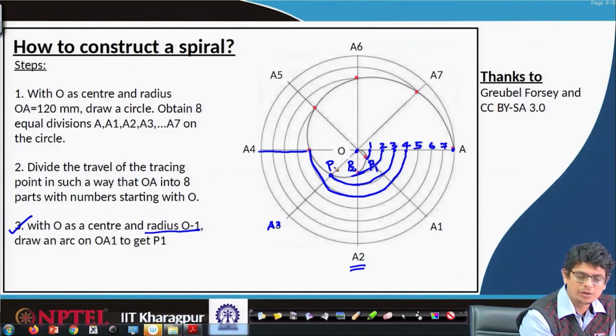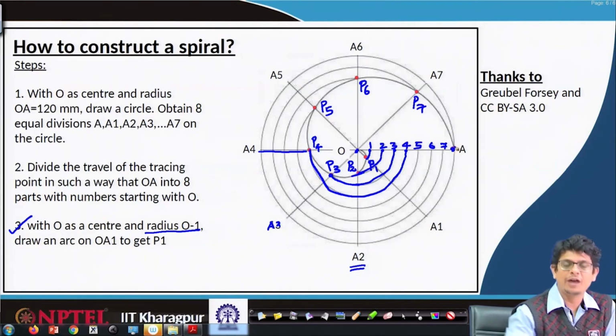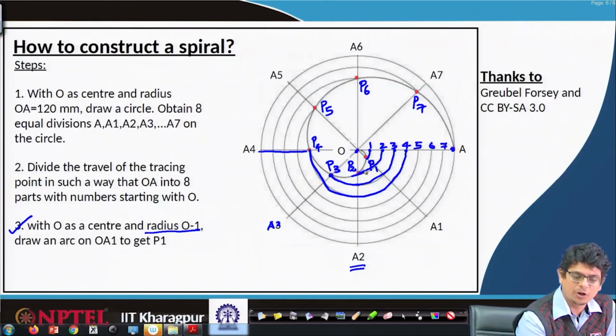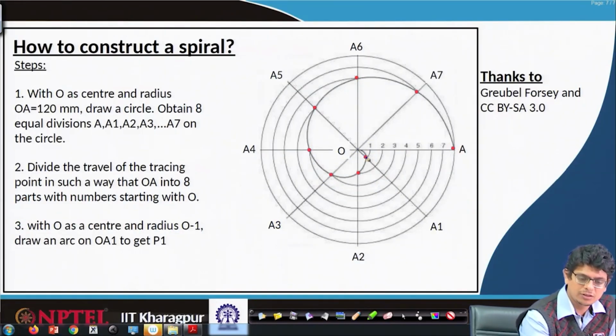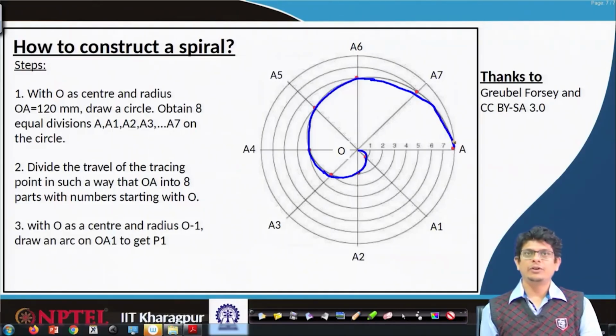In that way, make points P1, P2, P3, P4, P5, P6, P7 and P8. Once these points are noted down, draw a smooth curve which passes through these points. That way, we will be in a position to construct a spiral.